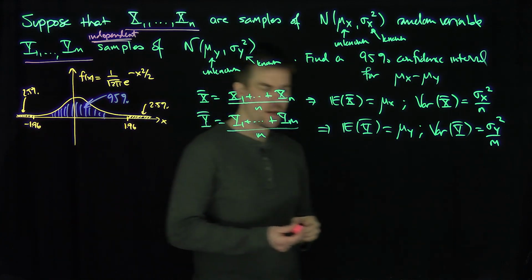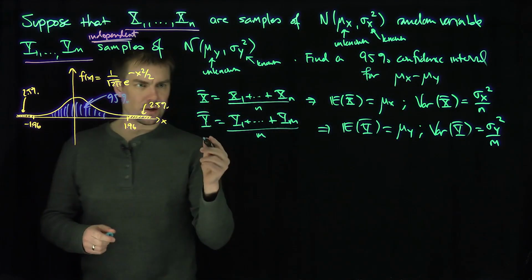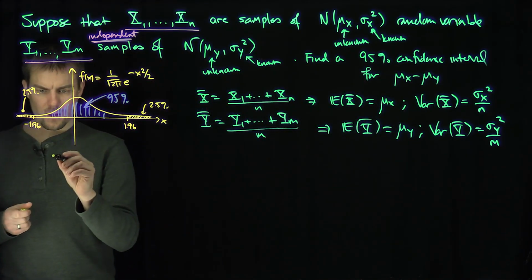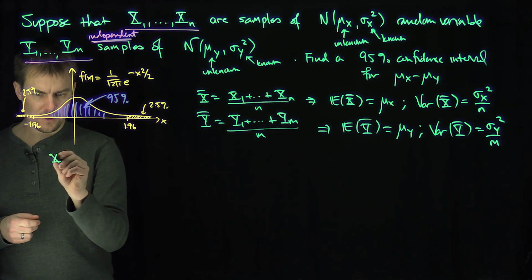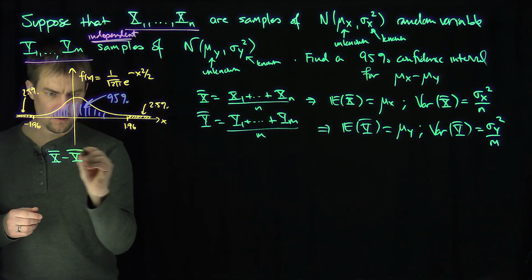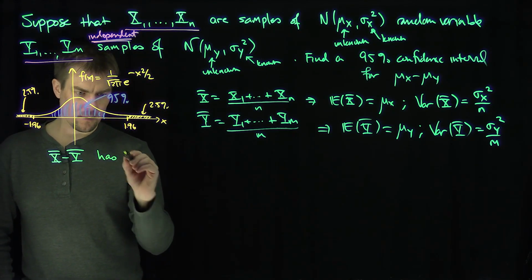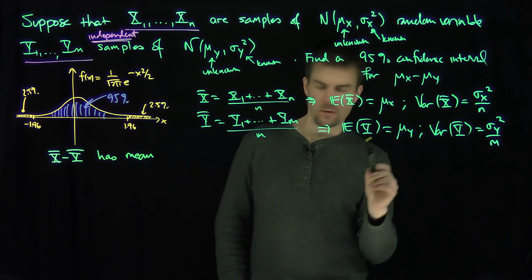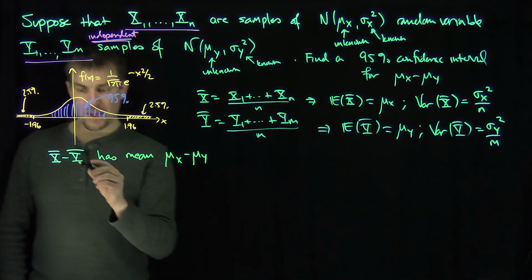Okay? Now I'm going to look at this estimator. Let's consider x bar minus y bar. This has mean mu x minus mu y, since it's the mean of x bar minus the mean of y bar. And what's the standard deviation of this?